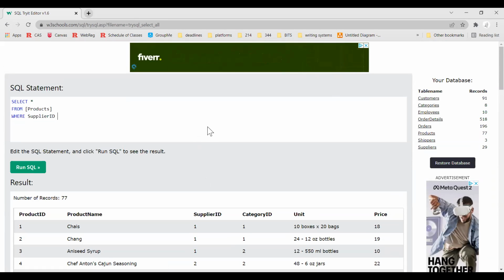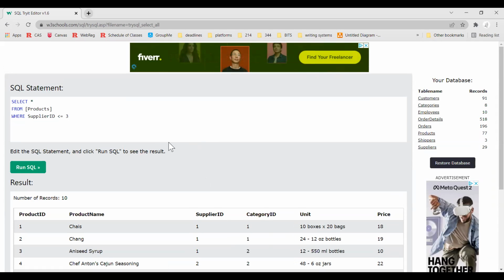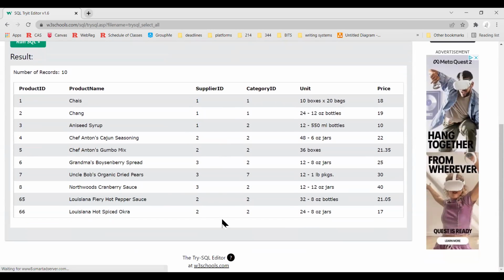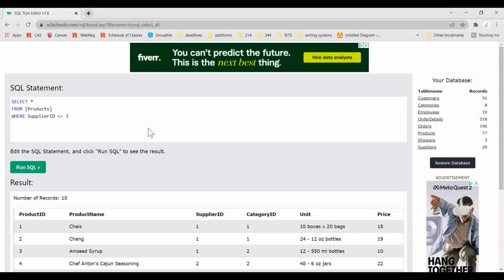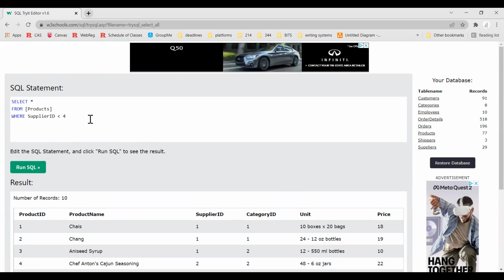So there's a few ways we can write this. You can do less than or equal to 3. Or you can go for less than 4. These are whole numbers, so those are going to be equivalent.